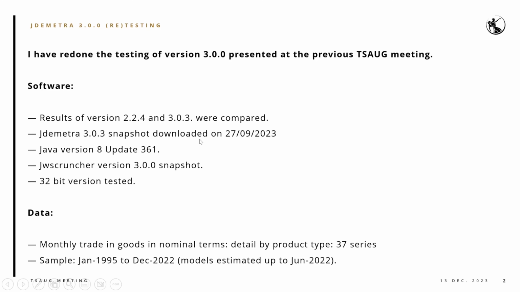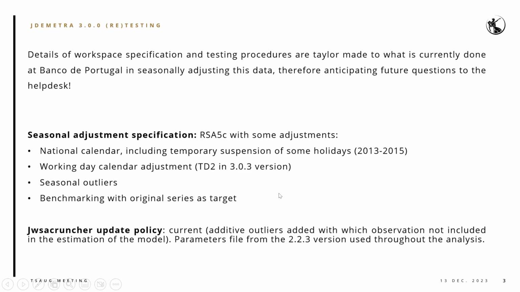I tried the snapshot from late September, compared with version 2.24, and used data on monthly trade in goods, which is just 37 series, but is the largest data set I usually use. We have very specific details in the model we use.